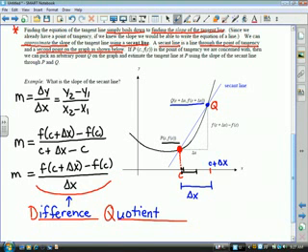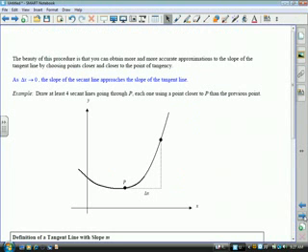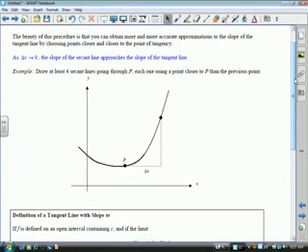The secant line, those two, point P and point Q, are going to be so close together that they're basically going to make what we're going to call the tangent line. So how do we do that? Okay, well, that's this next thing. The beauty of this procedure is that you obtain more and more accurate approximations to the slope by choosing points closer and closer to the point of tangency.